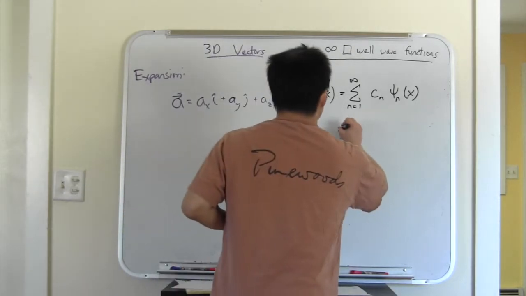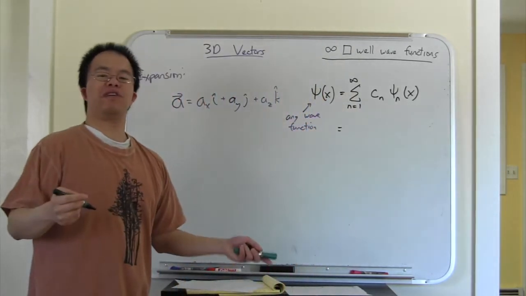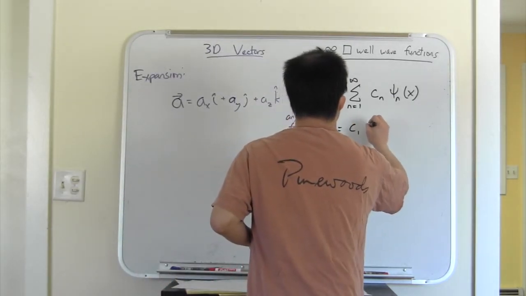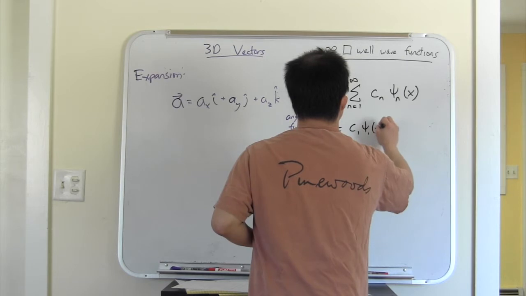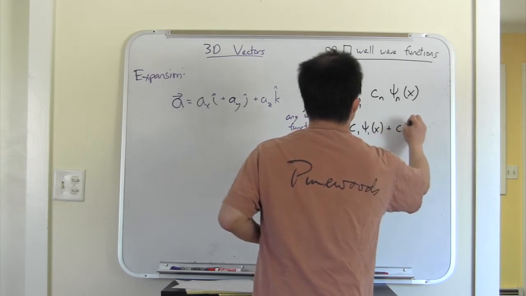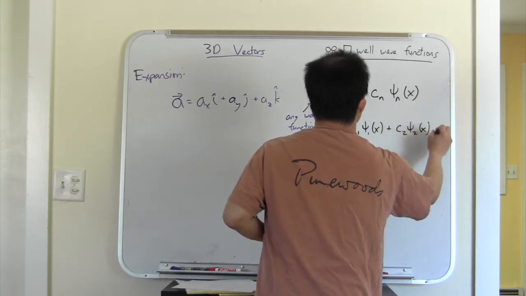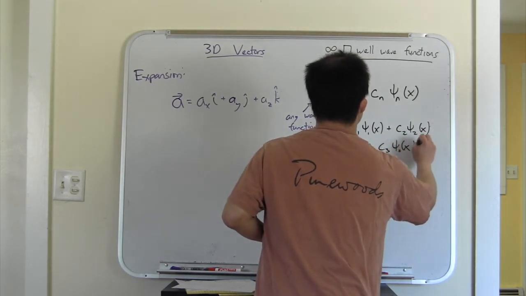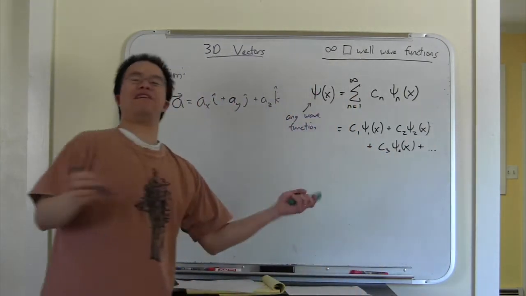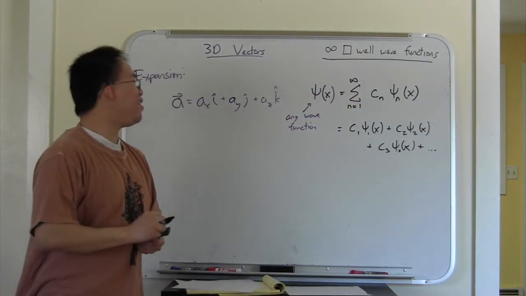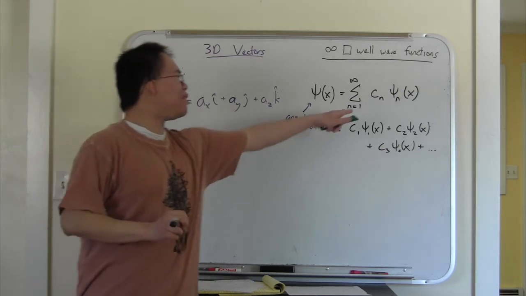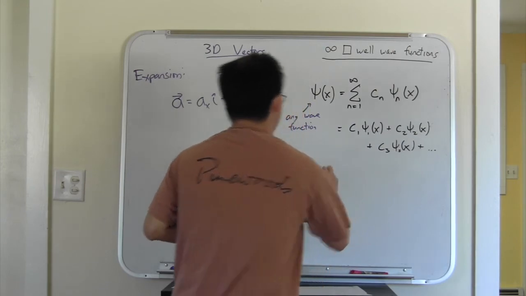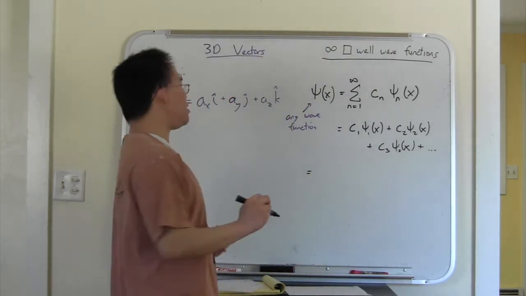So let me write out the first couple of terms of the summation to be really clear about what I mean. I can always write this as c1 psi 1 plus c2 psi 2 plus c3 psi 3 plus dot dot dot. I think you get the idea there. And if I were to write out what my wave functions are explicitly, I'll go back to using summation notation.